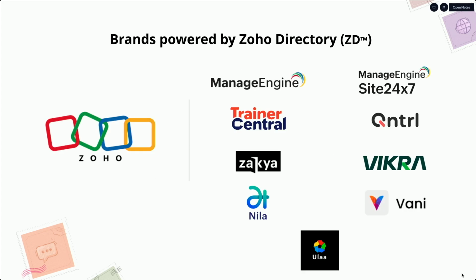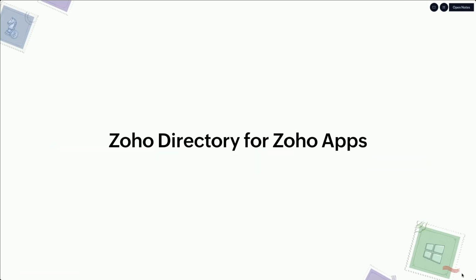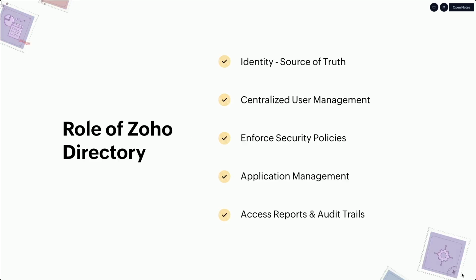Zoho Directory does not only power the Zoho apps, but also our sister applications from ManageEngine and TrainerCentral, Control, and the Ulaa browser, which was recently launched. So we'll quickly look into Zoho Directory for Zoho apps and what it does. Just to give you brief information about it.